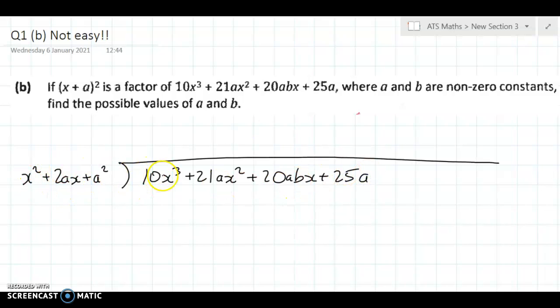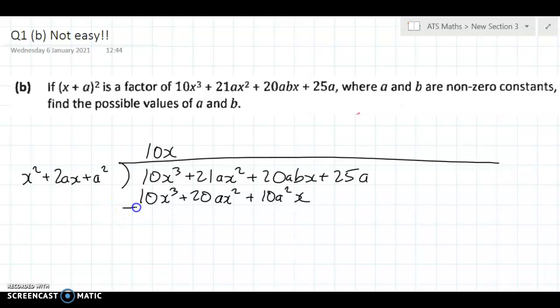So x squared into this gives us 10x, and now we multiply. So 10x by that gives us 10x cubed. 10x by this here gives us plus 20ax squared. 10x by this a squared gives us plus 10a squared x.